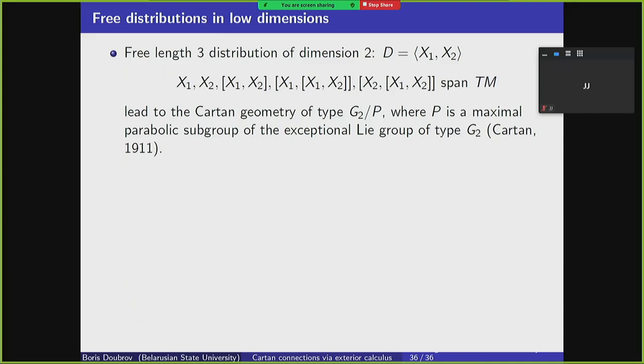And surprisingly, I think the very first person who found it was also Lie Cartan, back in 1911. And I recall that I started my lectures by saying that Cartan connections were first introduced by Lie Cartan around 100 years ago. So this is certainly older than 100 years. At that time, what Cartan did, he didn't use the language of generalized spaces, as he called Cartan connections.